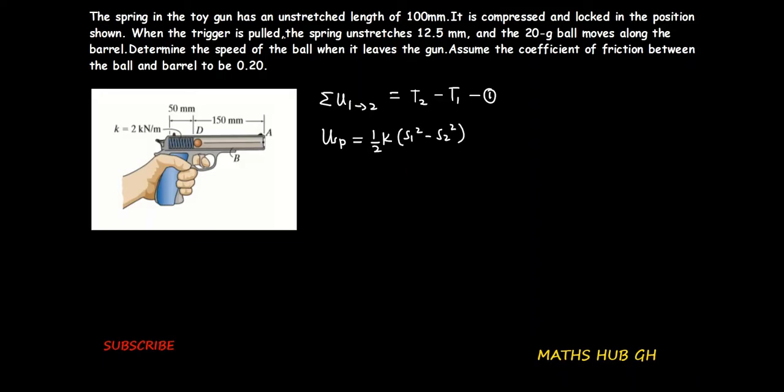This is the formula we are going to use to find the work done by the spring, where k is equal to the spring constant, and s is equal to the displacement of the spring.